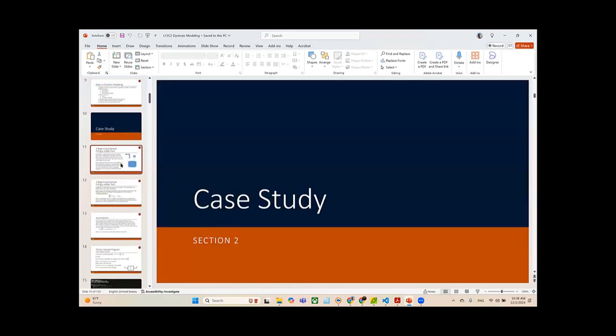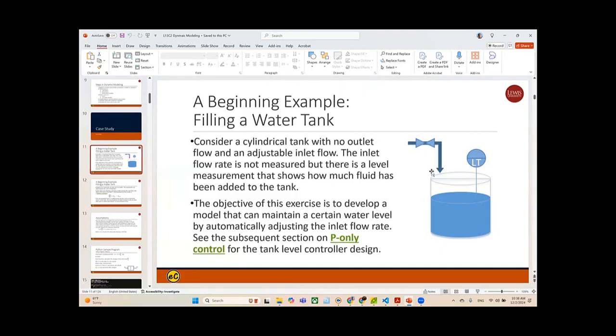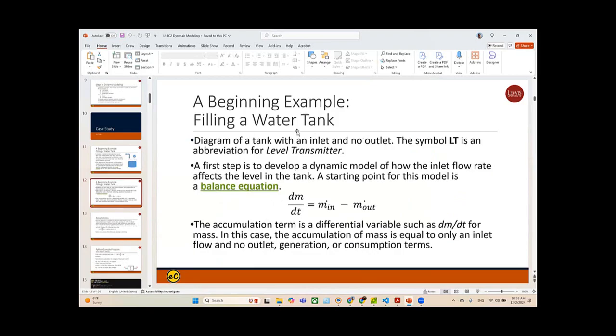The first example is the water tank, with inflow and outflow. dm/dt, your mass change, will be the input change of the mass minus the output change of the mass. That means how much is the inflow of your water and how much is your outflow of your water.